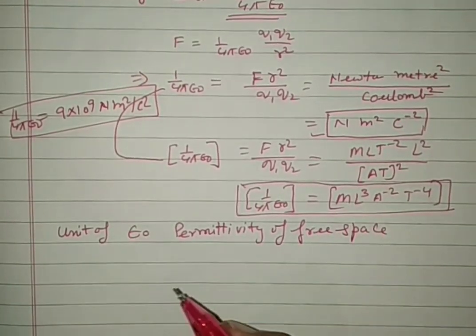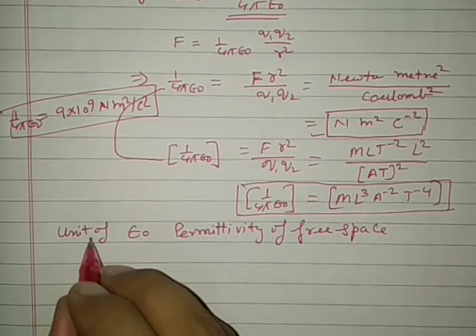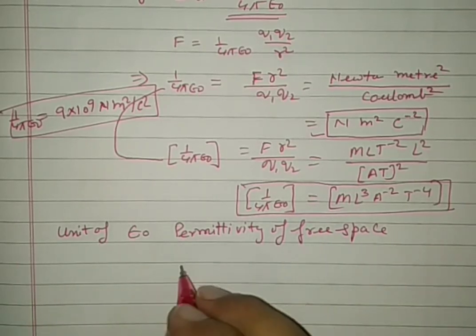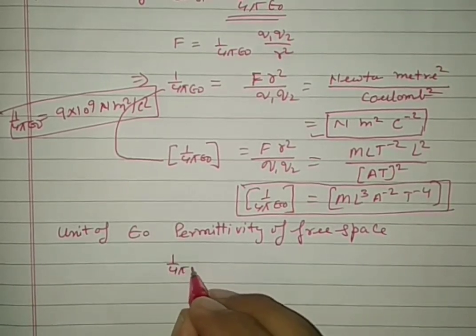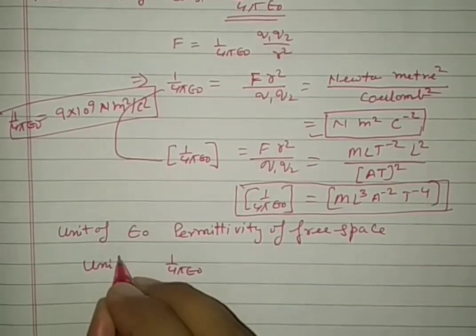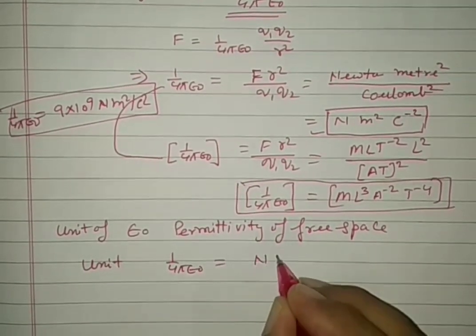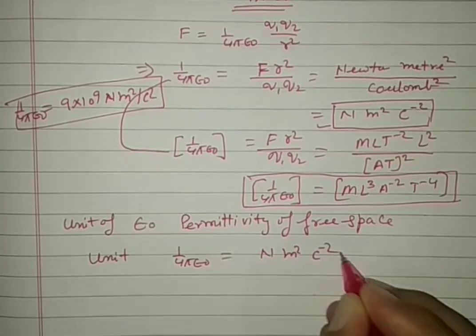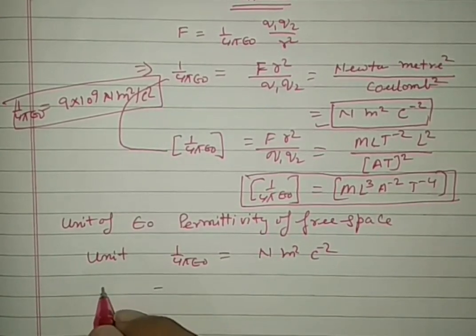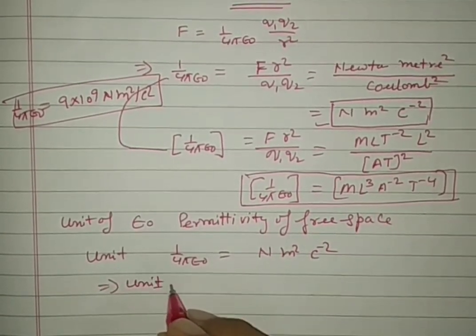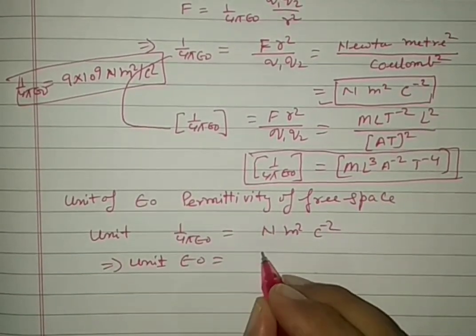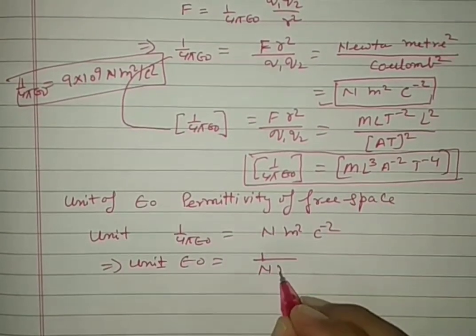When we take permittivity of free space under consideration, see very carefully, the unit of 1 upon 4 pi epsilon 0 is Newton meter square by coulomb square. This implies that the unit of only epsilon 0 is the reciprocal of it.